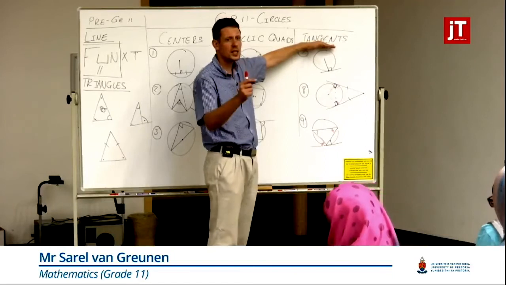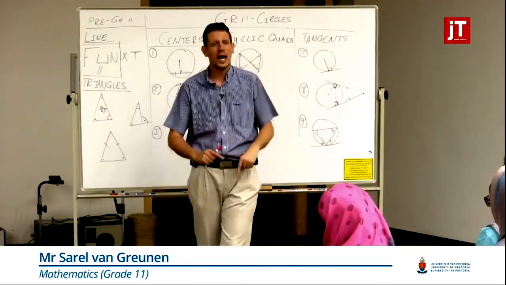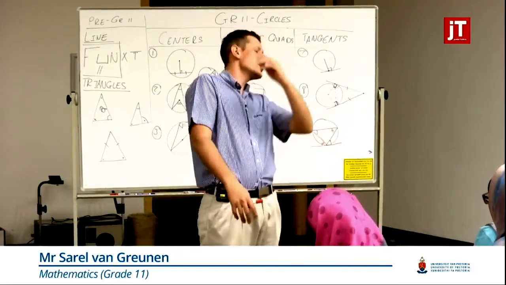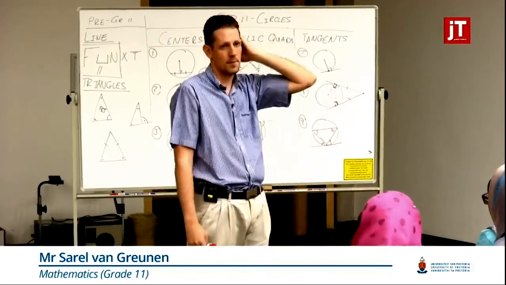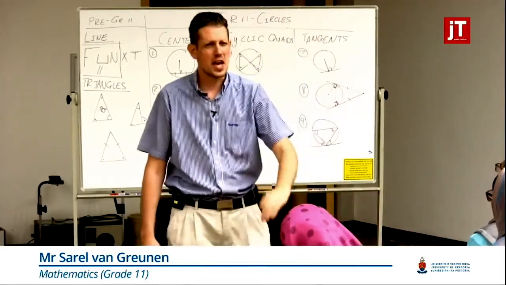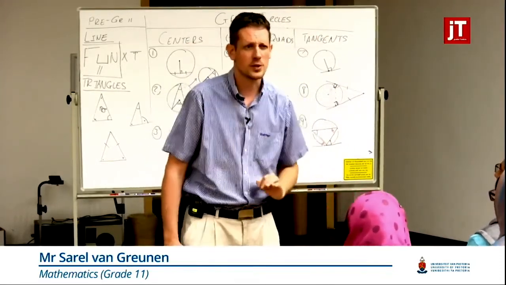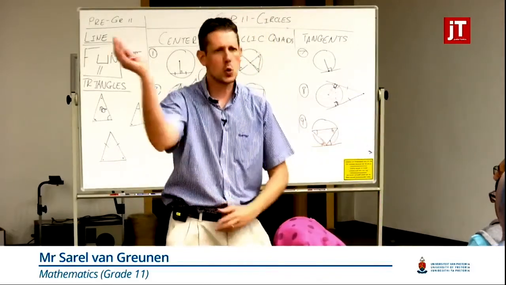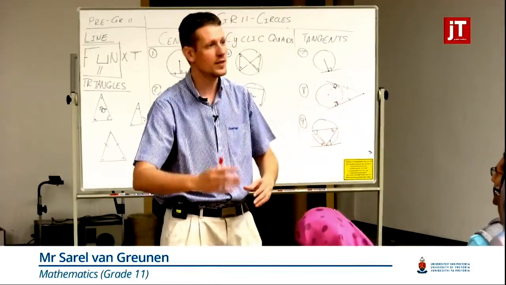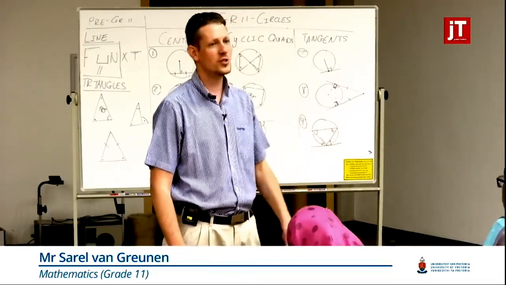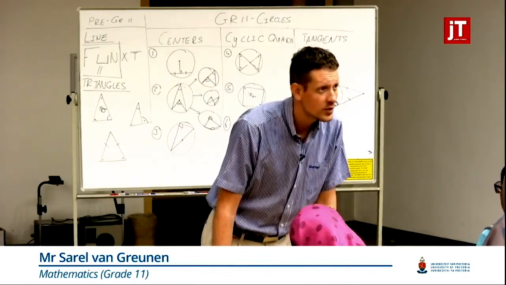Please be careful. I love it that about 3 years ago, in the matric final exam, they drew a line that looks like a tangent. Yes, and all my students assumed it was a tangent. It was grade 11 final. The second question was, prove it's a tangent.